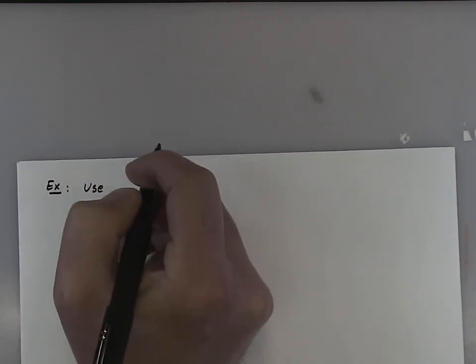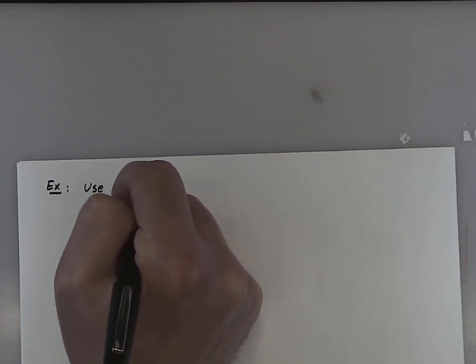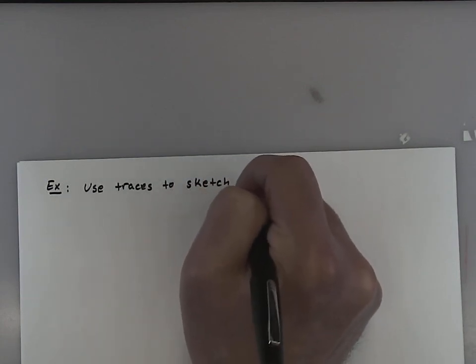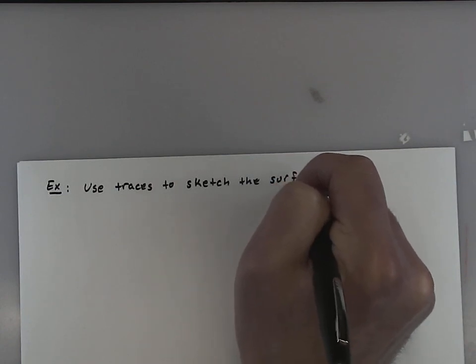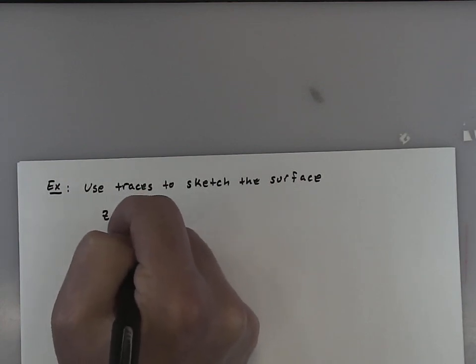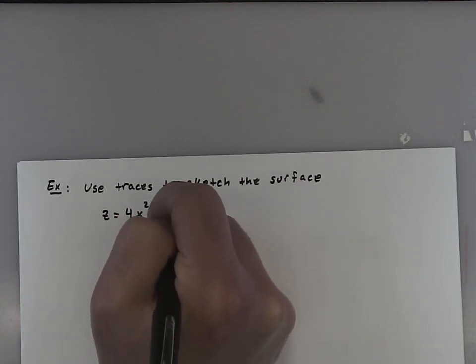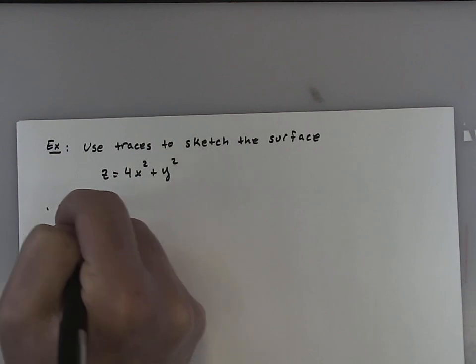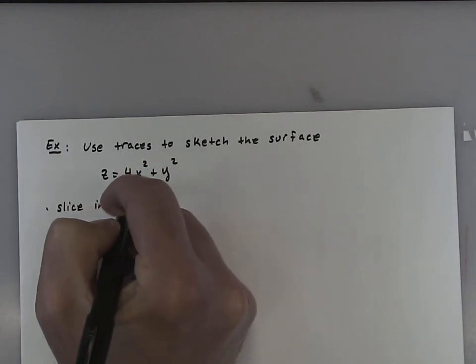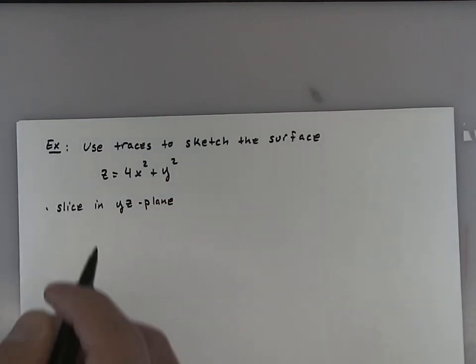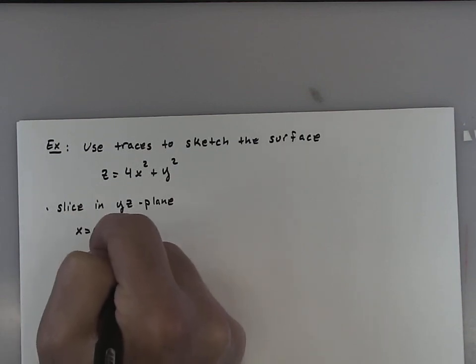For the following example, use traces to sketch the surface. z equals 4x squared plus y squared. So first, if I take a slice in the yz plane, I can choose x to be 0.